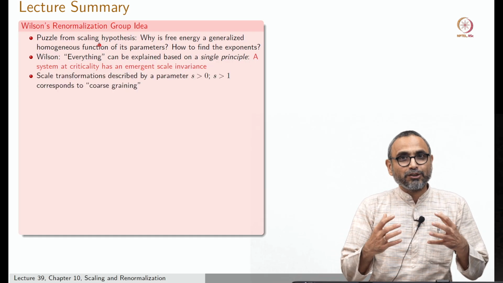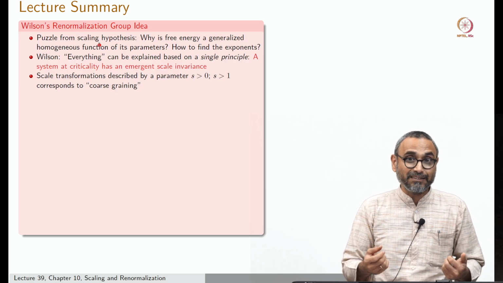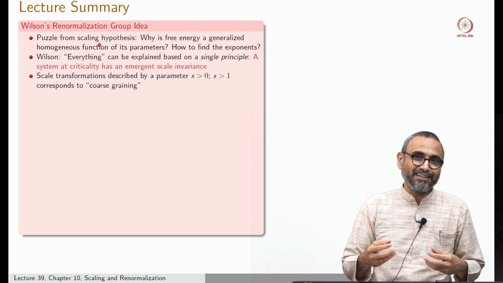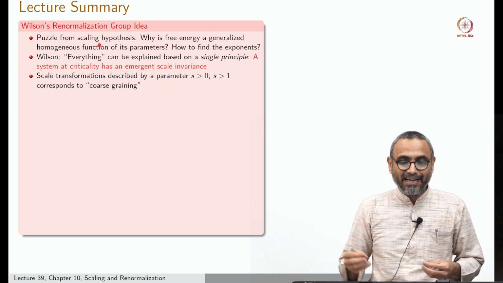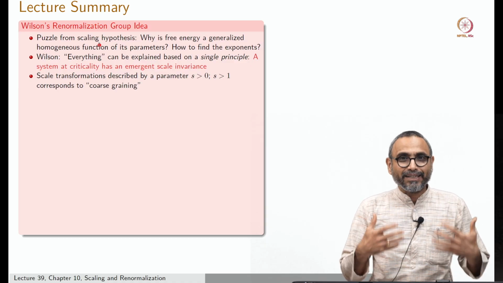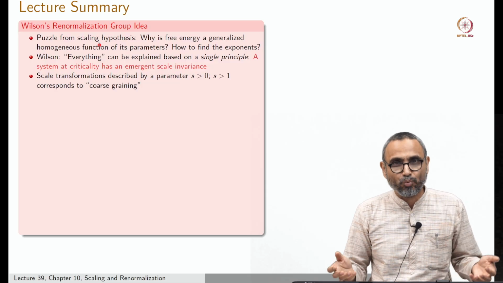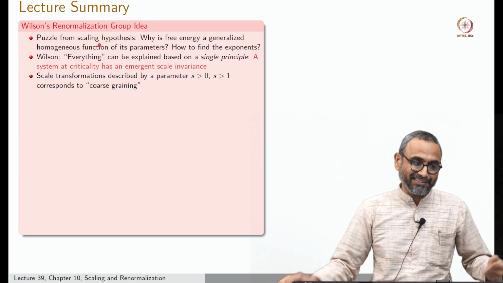So to do this, we have to introduce the notion of what we mean by scale invariance. For this, we have to define a scale transformation, and that is defined by a scaling factor. In the context of our interest, the scaling factor is typically more than 1, which means we are coarse graining, right?